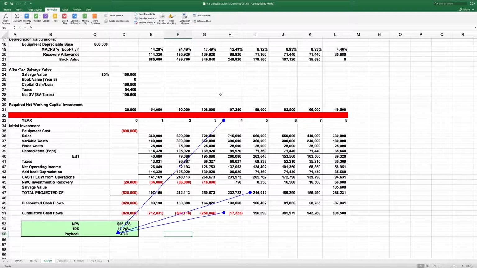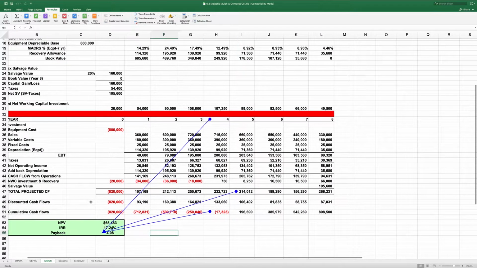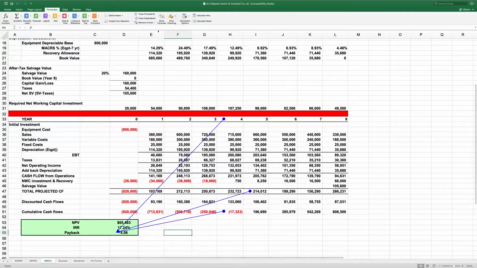I think the payback period is a little bit complicated to calculate, because you literally have to create a discounted cash flow and accumulated cash flow to find out those things, particularly the cumulative cash flow in that cell. Now, after that, this is the cell where you make your judgment call.